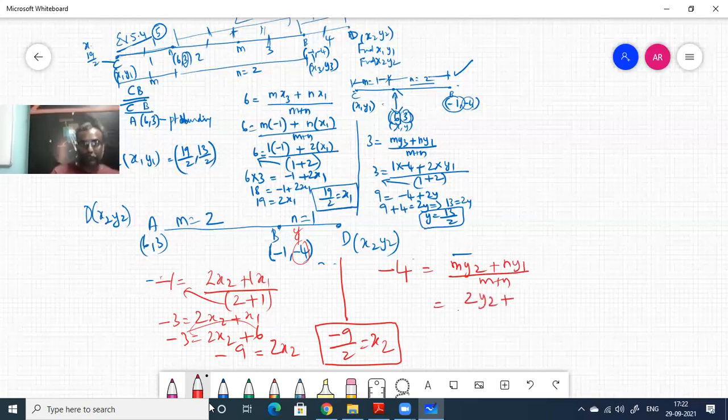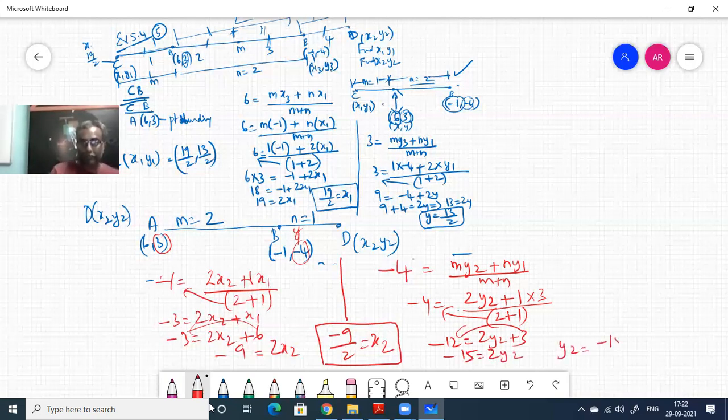Plus n is 1, 1 into y1 we know 3, into 3 divided by 2 plus 1 is equal to minus 4. This is totally 3. You take it this side. Minus 12 is equal to 2y2 plus 3. You take that this side. Minus 15 is equal to 2y2. Okay, so y2 is equal to minus 15 by 2.